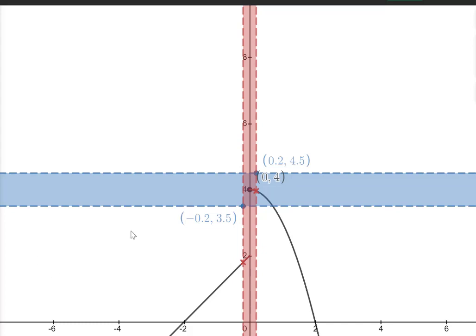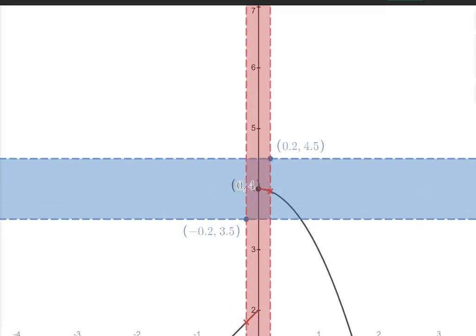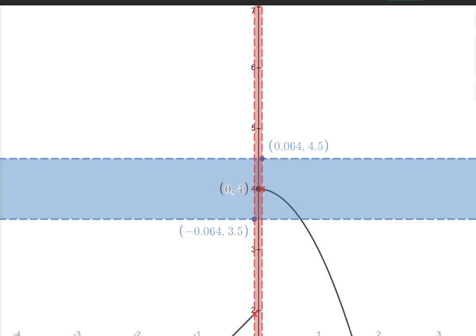And remember what we talked about: no matter how close you get, you can always zoom in here. Regardless of how small I make this delta, I keep making it smaller and smaller, really small, I'm always going to have some points in here, even if your eye fails to see them. The smaller you get, I'm always going to have an infinite amount of points that are not part of the epsilon neighborhood.